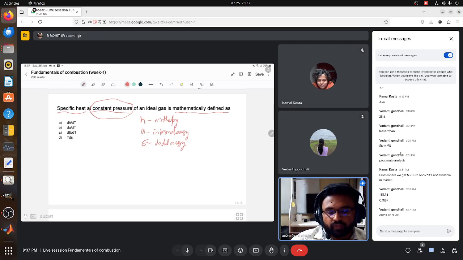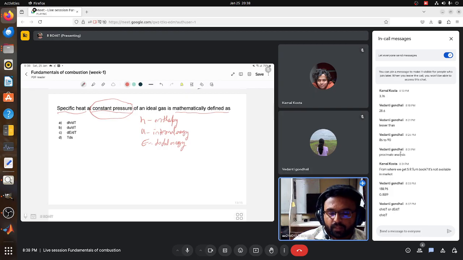So now, which one do you think is the specific heat at constant pressure of an ideal gas? Yes, that's correct. Enthalpy is what you measure at constant pressure.